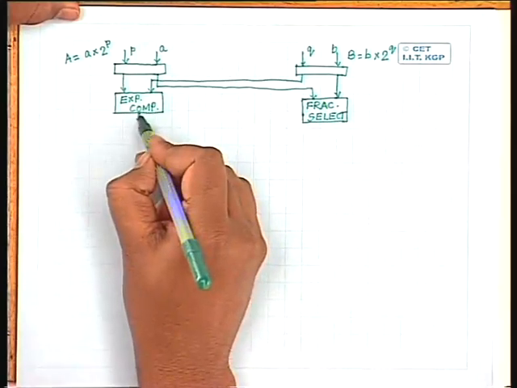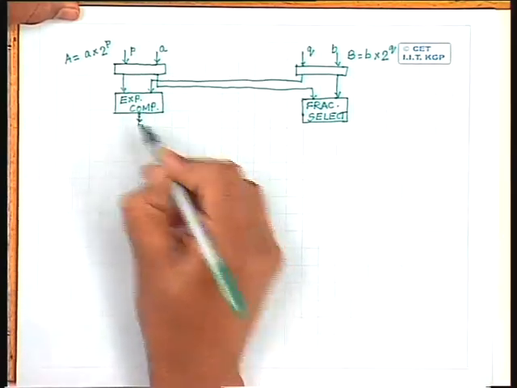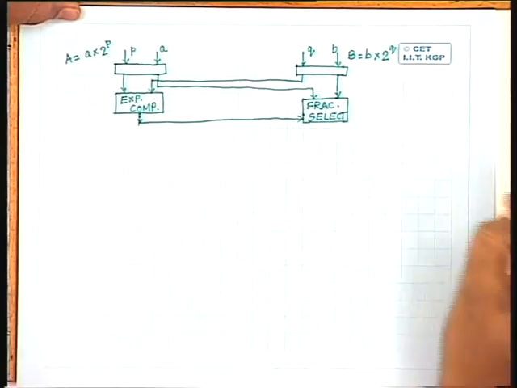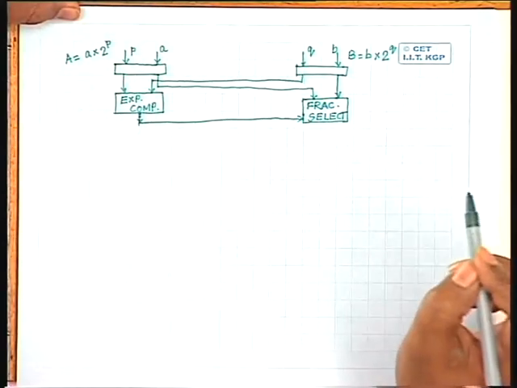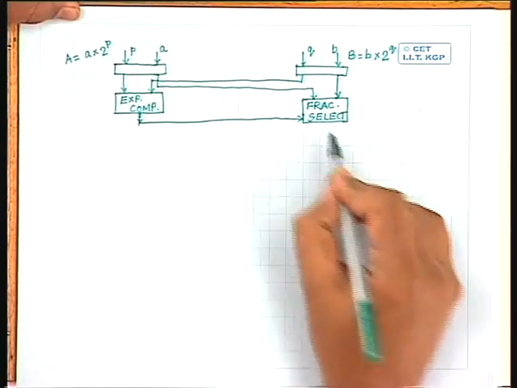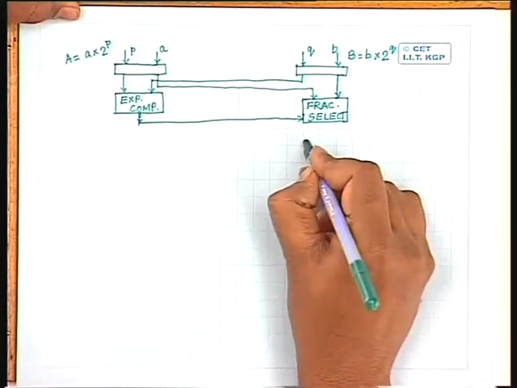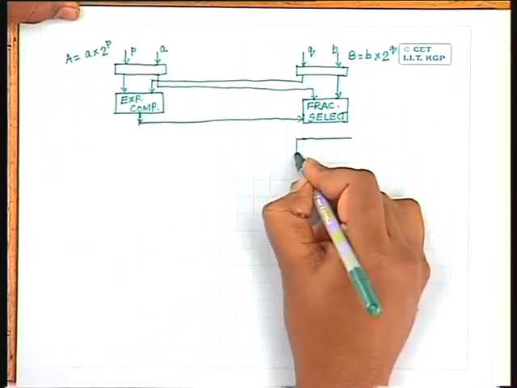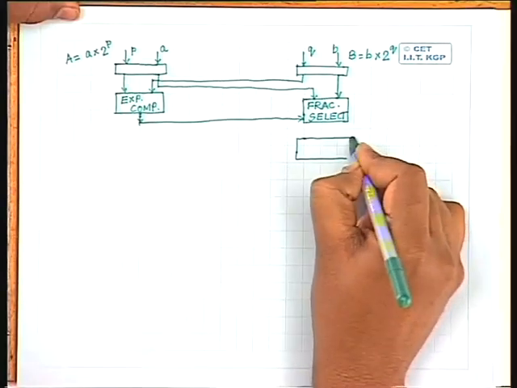It will get a signal from the exponent comparator to tell which of the fractions is to be selected. Now once you select a fraction, I have to give a required number of right shift to the selected fraction.